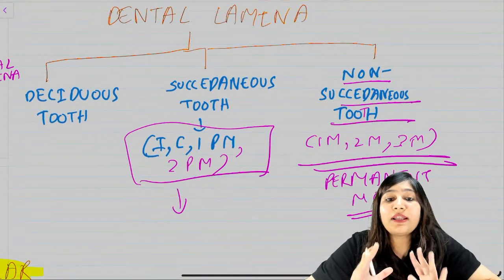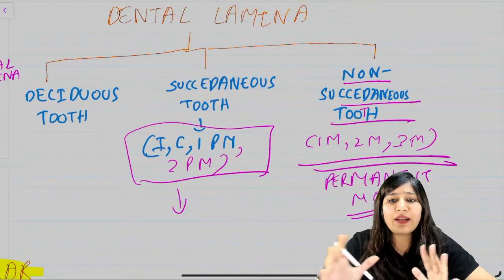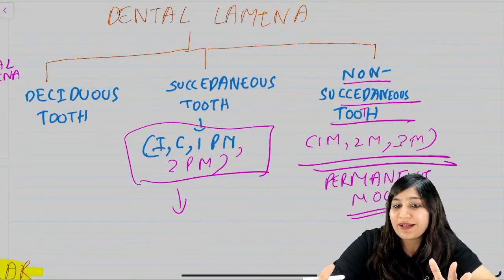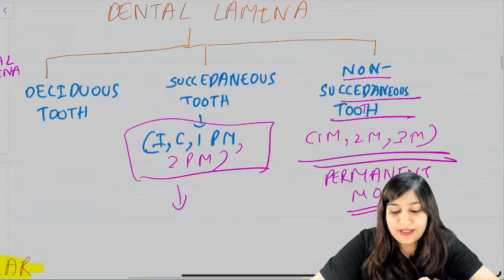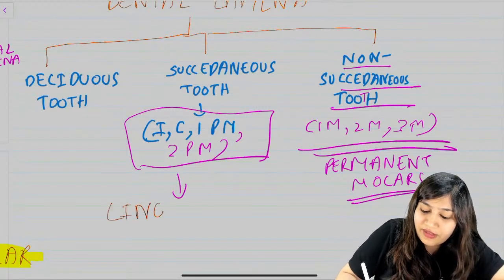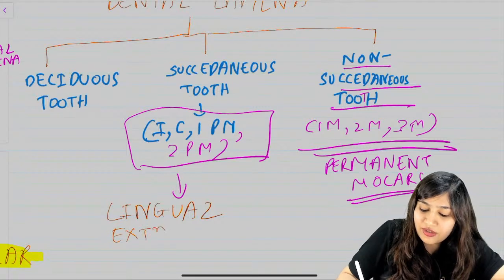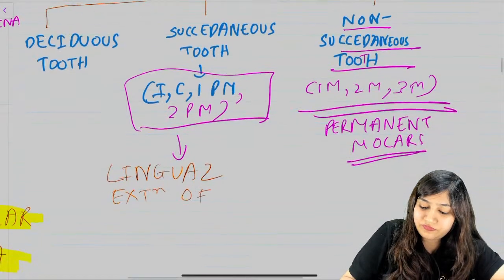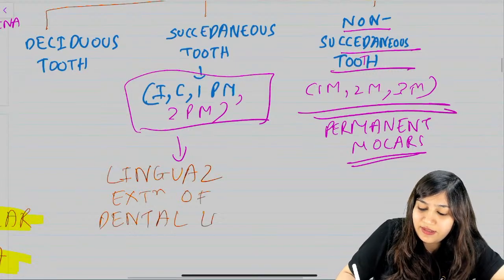Both the succedaneous teeth as well as non-succedaneous teeth arise from different extensions of dental lamina. Succedaneous teeth arise from the lingual extension of dental lamina.